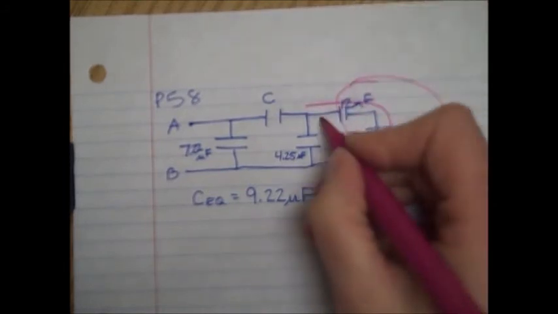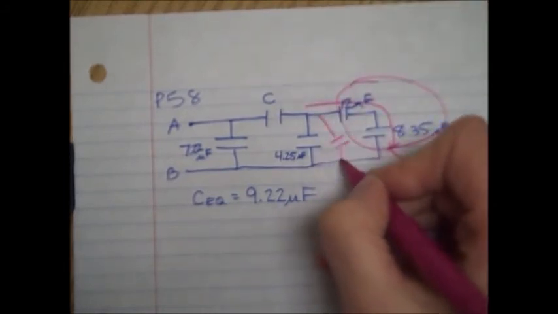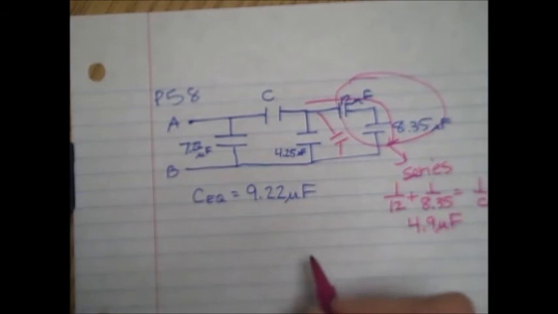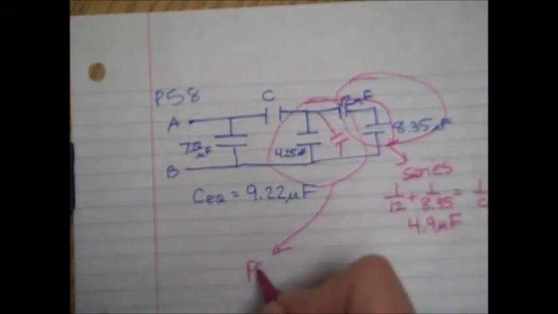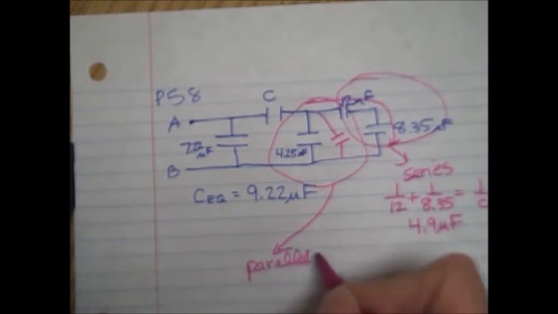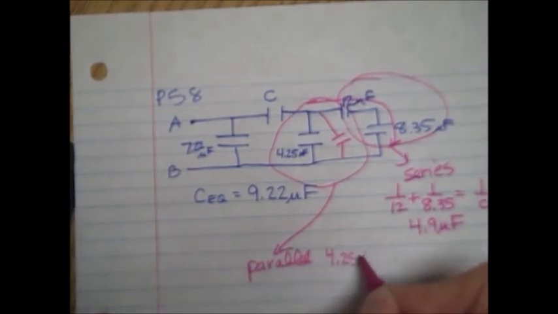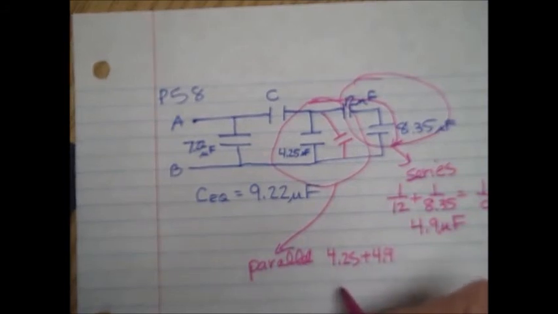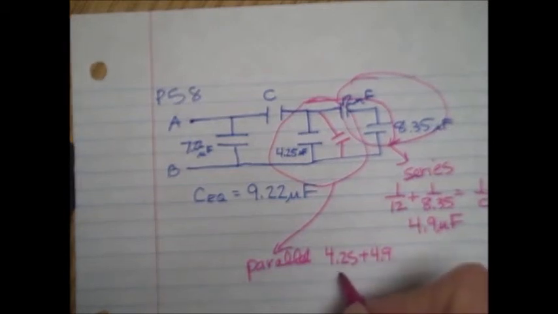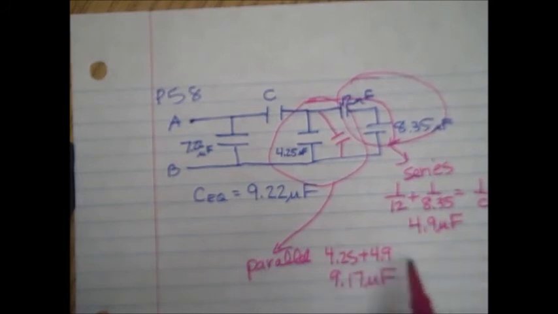Then that 4.9, if we think of that as being here, would be parallel to the 4.25. So this section, which is in parallel, would equal 4.25 plus 4.9, and that would be 9.17 microfarads. There we go.